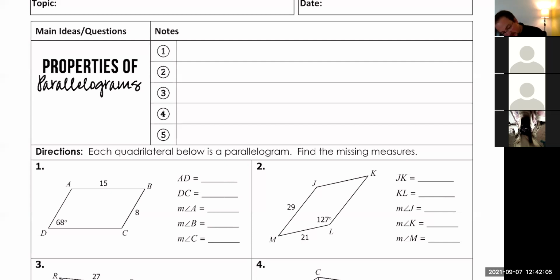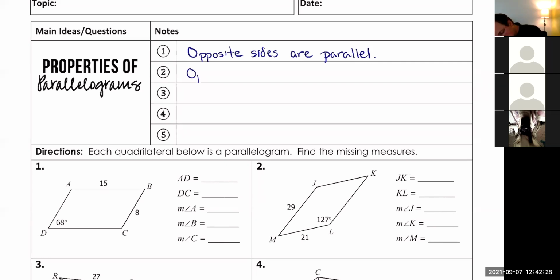So the first one is that opposite sides are parallel, which hopefully makes sense since it is called a parallelogram.